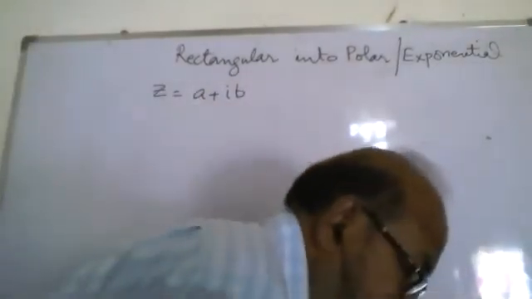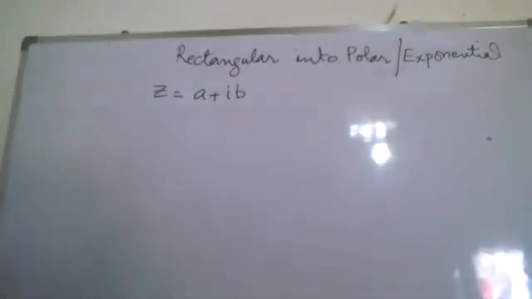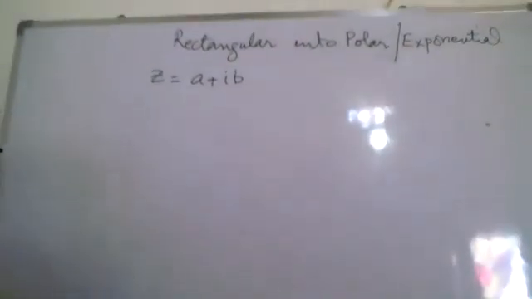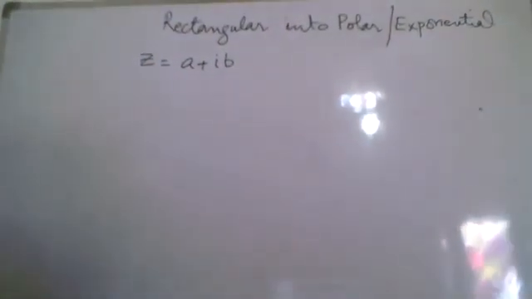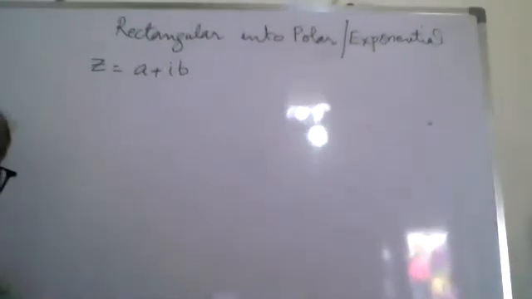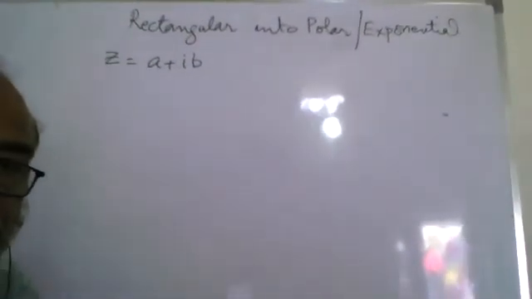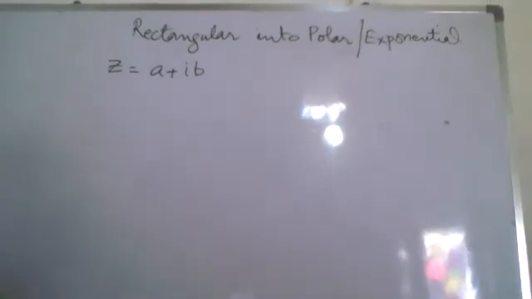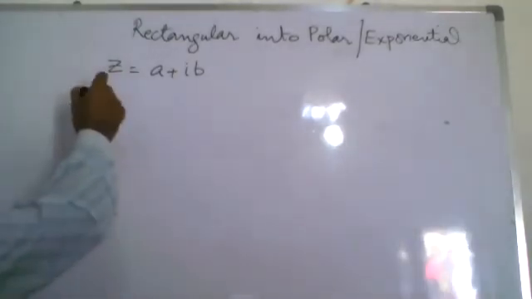In polar and exponential form, we need two things: mod z and argument z. So how to find the mod z?